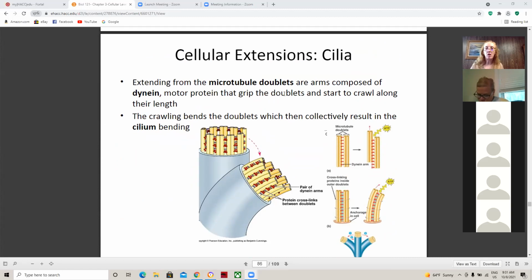Microtubule doublets have arms composed of dynein, a motor protein, that grips the neighboring doublet and starts to crawl along its length, allowing one doublet to be bent, resulting in the whole cilium bending.